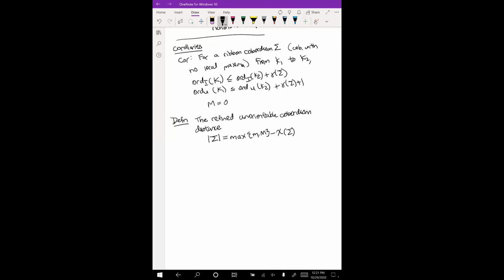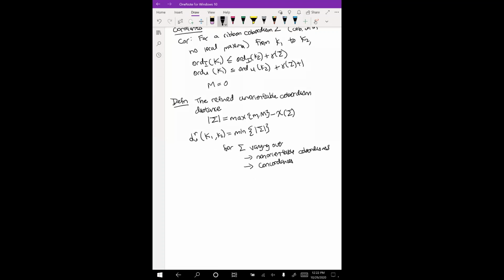Then we define this cobordism distance as the minimum of this norm of sigma for sigma varying over non-orientable cobordisms and also over concordances, which are orientable. So it's varying over the set of all concordances and all non-orientable cobordisms.